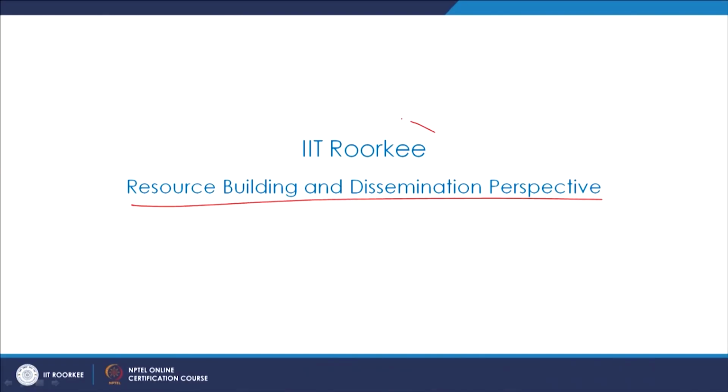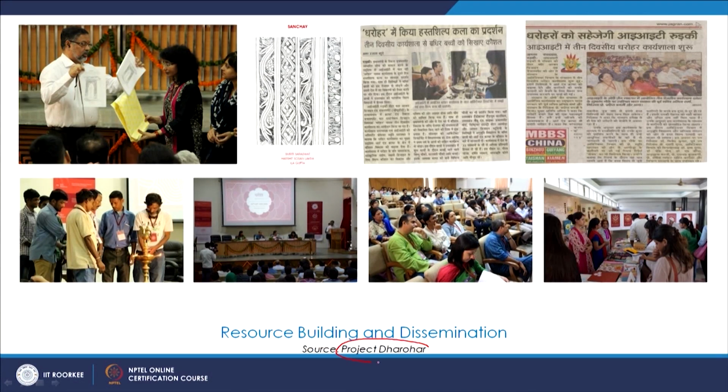Then let's talk about IIT Roorkee, some work done over here, and what we do for disseminating the work that is done, and how we try to create this resource hub and repository. So here this is Project Dharohar, and we have seen some pictures in previous slides. This is a sort of convergence of a lot of people that happened through this national seminar.